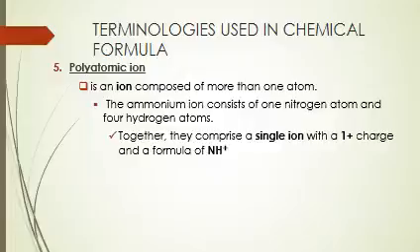This polyatomic ion has a single charge. For example, ammonium has a positive charge. So that one is also known as a cation because it is positively charged, but it is also known as a polyatomic ion because it consists of more than one atom.